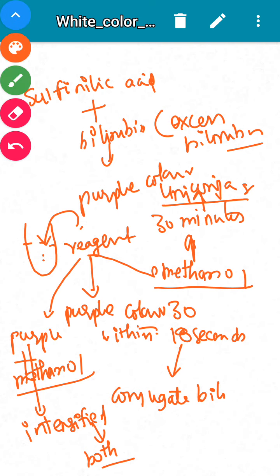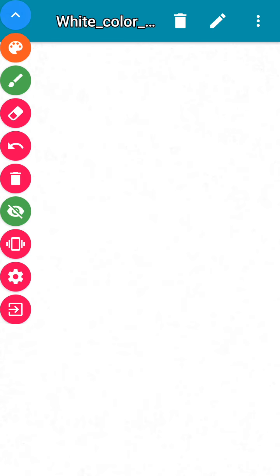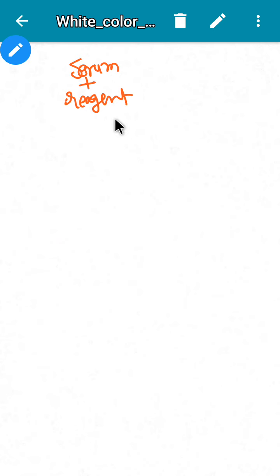Let us write what I have said on the paper. One, we took serum and added the reagent, and we got purple color within 30 seconds.